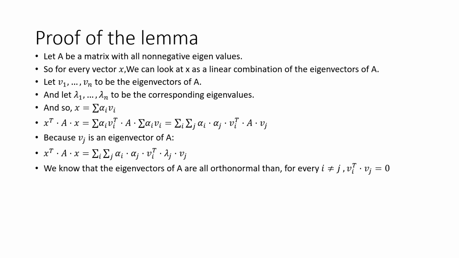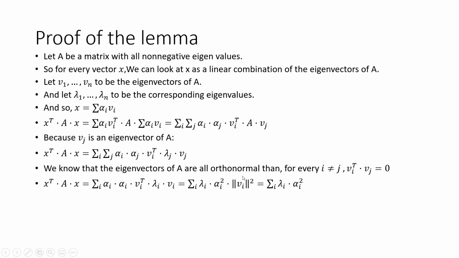We know that all the eigenvectors of A are orthonormal, meaning that for every i that is not equal to j, vi transpose vj is 0, and so we can simplify the summation to be the summation over i of alpha i multiplied by vi transpose lambda i vi. But we know that vi transpose multiplied by vi is the induced norm squared of vi. That is how we got this expression.